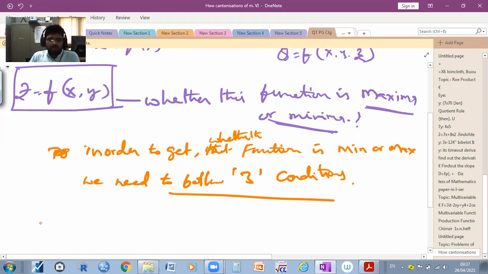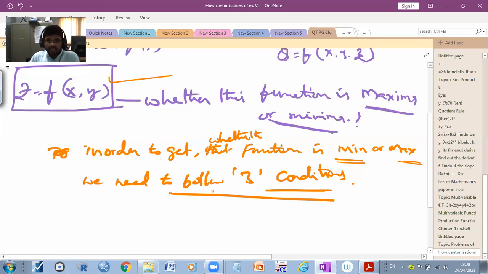For example, last day we discussed some functions, z is equal to x square or 3y square or 3xy, right? We have done first order, second order, third order, but we didn't discuss whether the function is maxima or minima. So in order to find whether this kind of multivariable function is minima or maxima, we must meet three conditions.